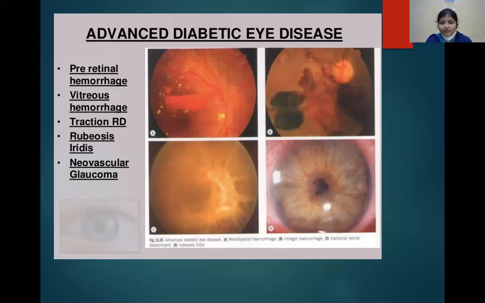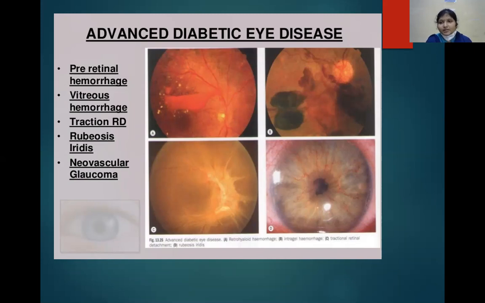All these are main risk factors. Out of this, the major risk factor is duration of diabetes and the type of diabetes. Coming to pathogenesis, it is mainly due to hyperglycemia leading to microangiopathy because of cellular damage and hematological changes.